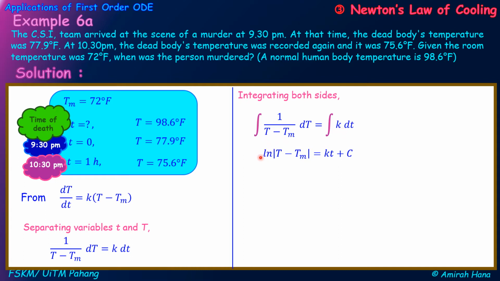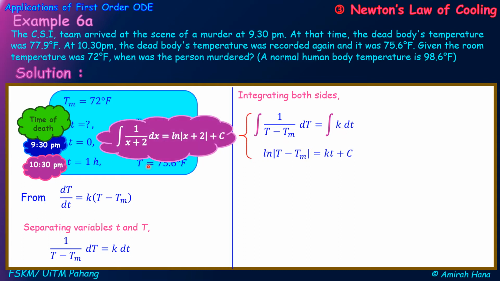When we integrate the left-hand side, we can refer to the integral of 1 over (x plus constant 2) dx, which equals ln of (x plus 2) plus c. We can use u substitution, where u equals the denominator. For 1 over (T minus Tm), where Tm is the room temperature and is constant, we can use the same technique.